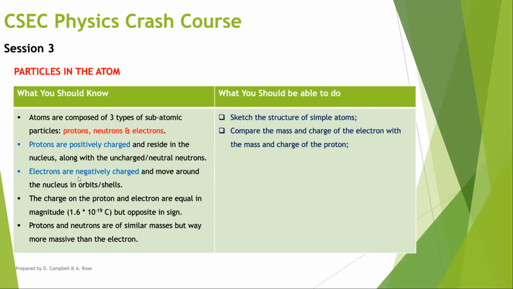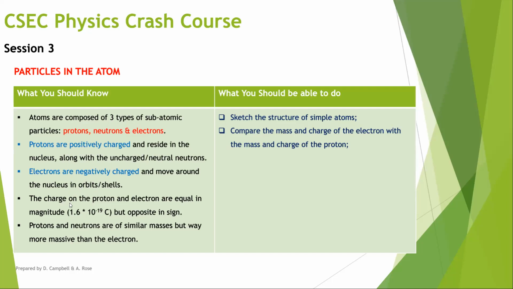The electrons, however, are negatively charged, and they move around the nucleus in orbits or shells. So protons and neutrons are inside the nucleus, whereas the electrons are outside and they are in shells.